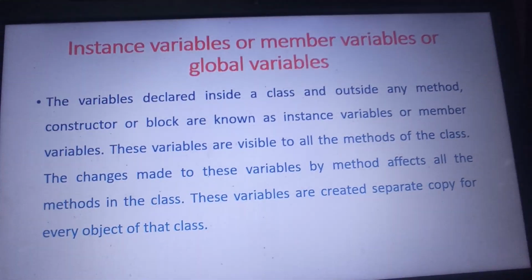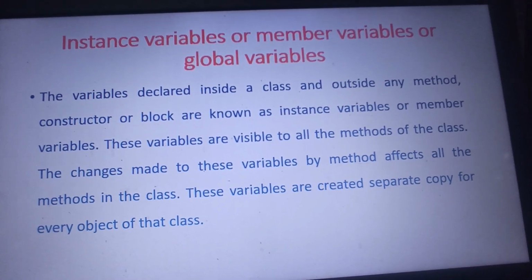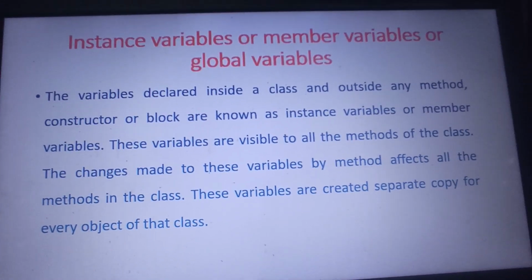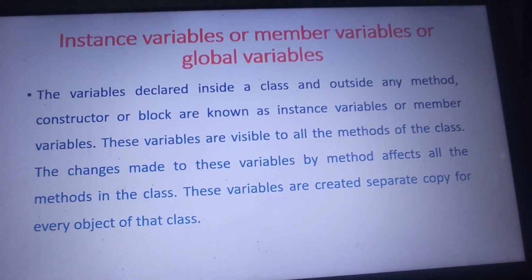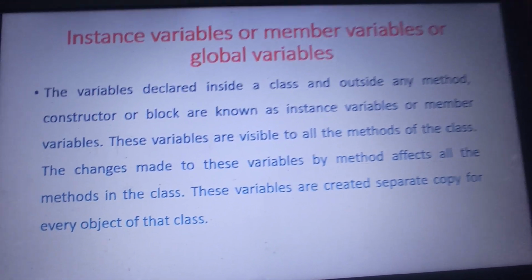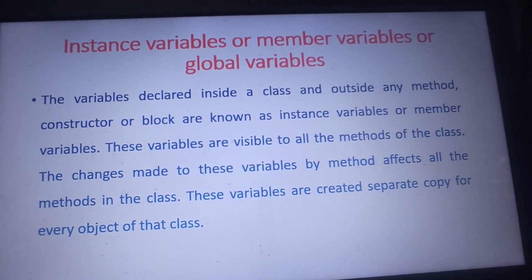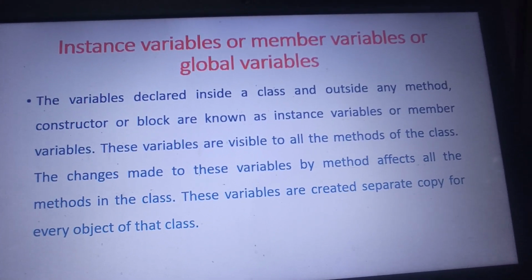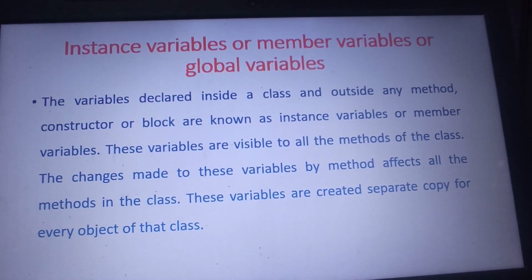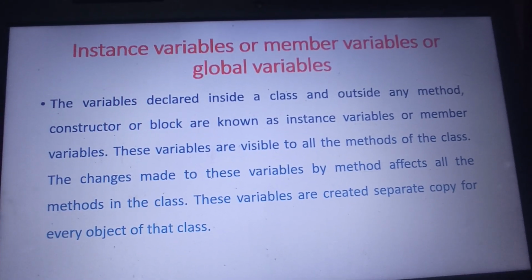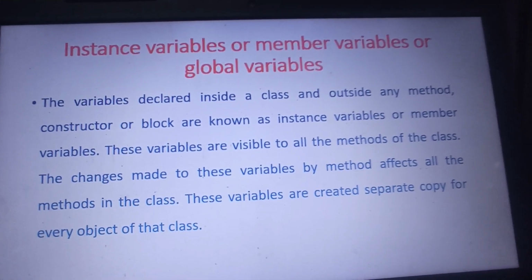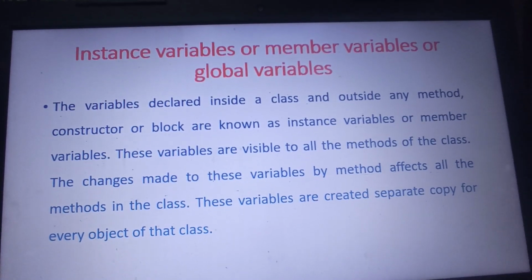Because these variables are applicable for an object. That is the reason they are called instance variables, because an instance of a class is called object. That is the reason it is called instance variable or member variable, because these variables are the members of that object only. That is the reason it is called member variables.